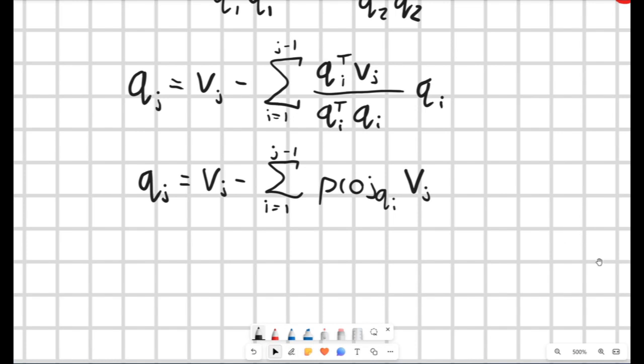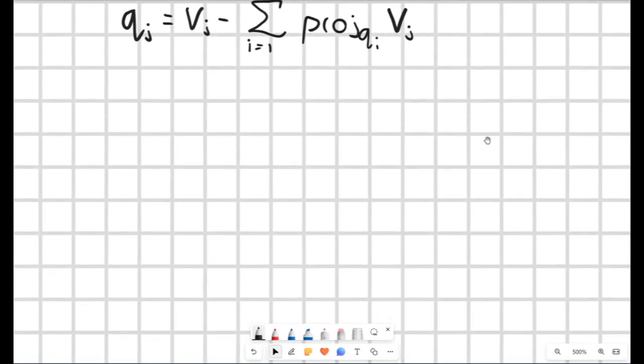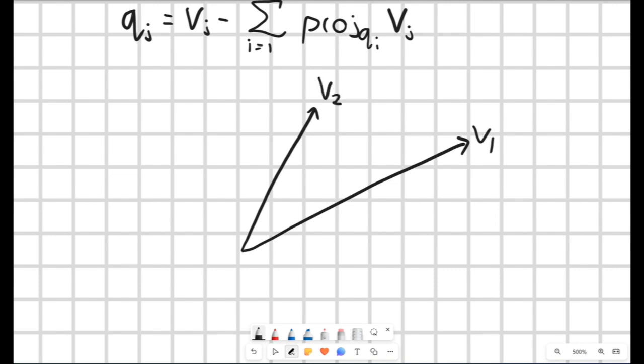So we're going to look at what this means, starting in 2 dimensions. So let's say we have our vector v1 and a vector v2, which I've drawn deliberately so that they are linearly independent, but they are not orthogonal. And remember that we start off by setting q1 equal to v1.